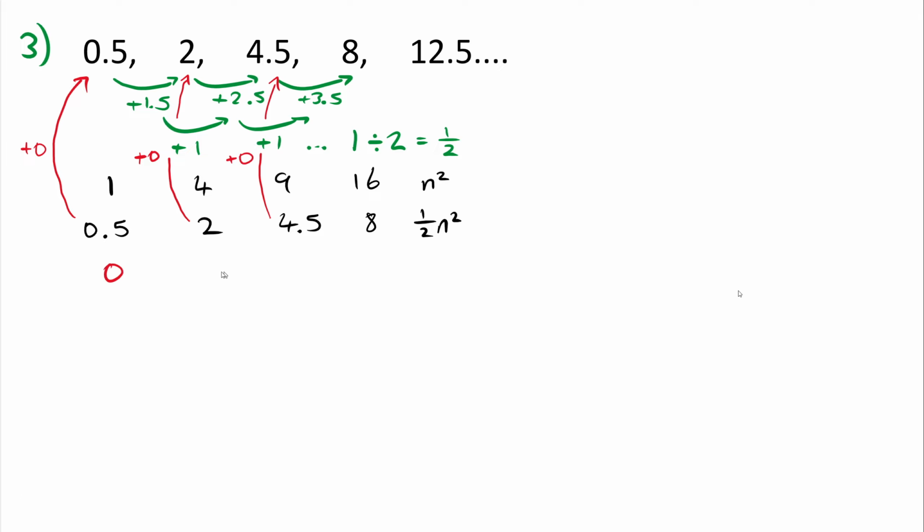Well, just look, if we're adding nothing, then this must be the sequence half n squared, right? Because you could say, oh, well, you're adding nothing, so it's the 0 times table, 0n. Yeah, but 0n is nothing, right? So we're done. Done, finished.